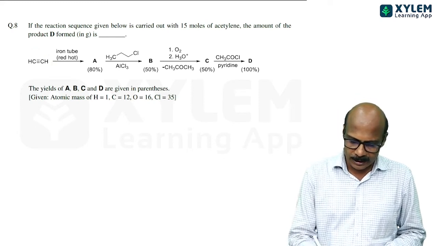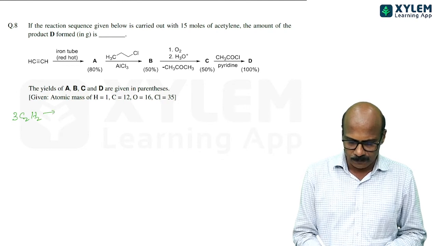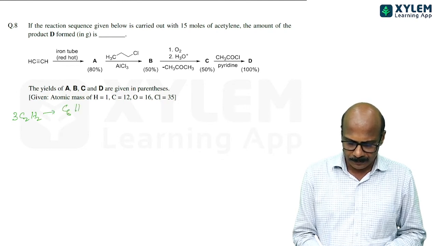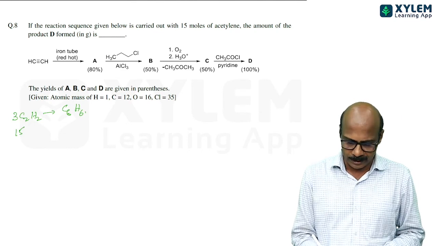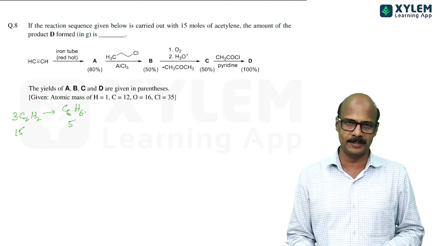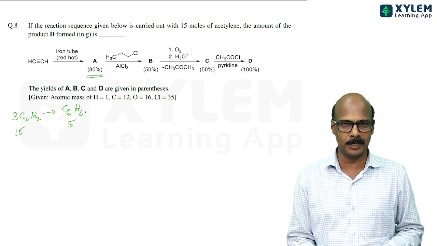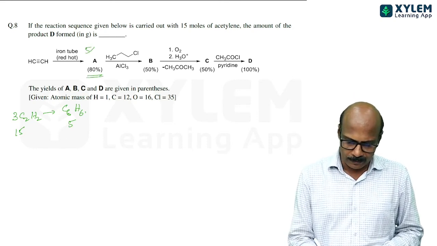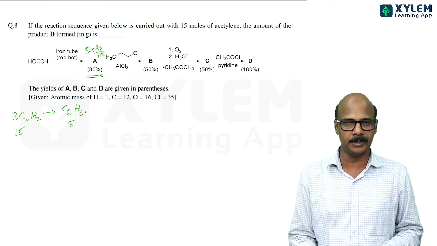All of you know that 3 mole acetylene undergo trimerization giving 1 mole benzene. If you take 15 mole, actually you are expecting 5 mole benzene. But they say 80% of the product is obtained. So 5 into 80% means 4 mole benzene is obtained.